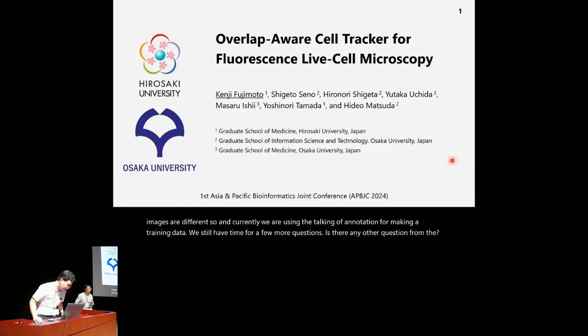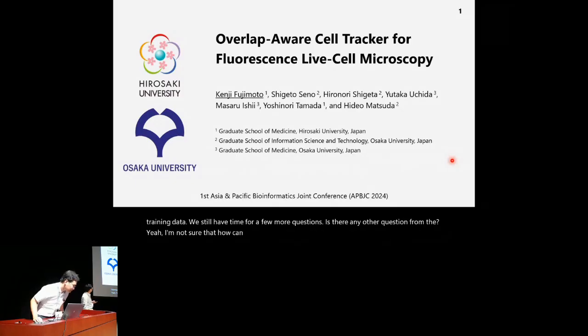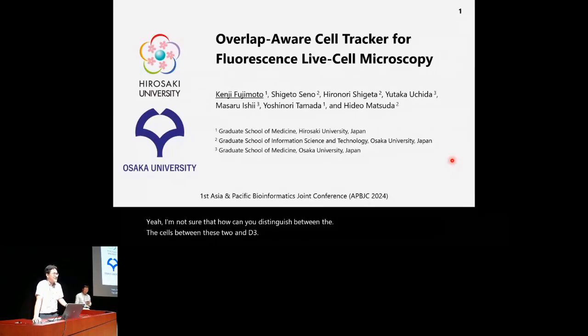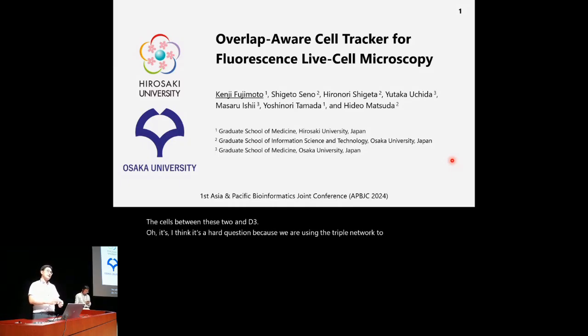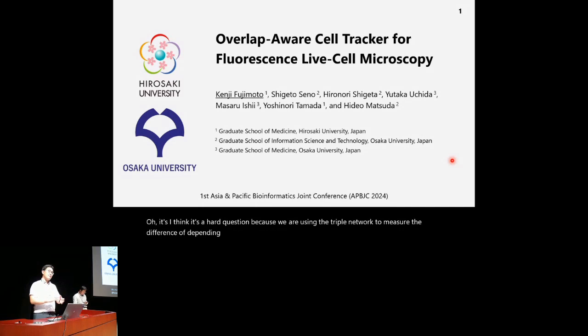I'm not sure how you can distinguish between the cells between D2 and D3? I think it's a hard question, but because we are using the triplet network, a deep learning model to measure the similarity of two images of a cell, I think the small difference of color distribution or shape distribution is the point of difference.